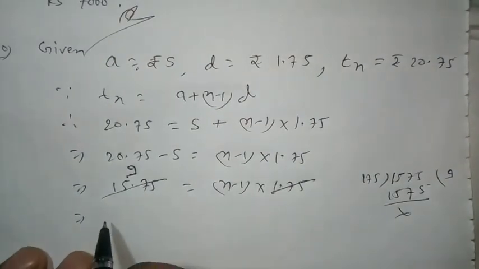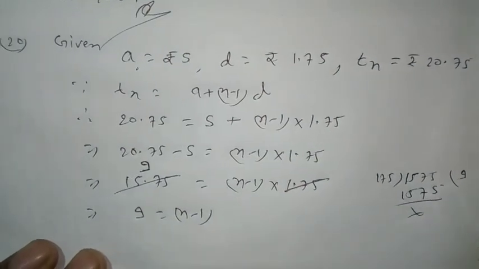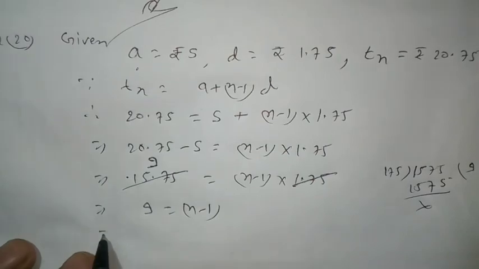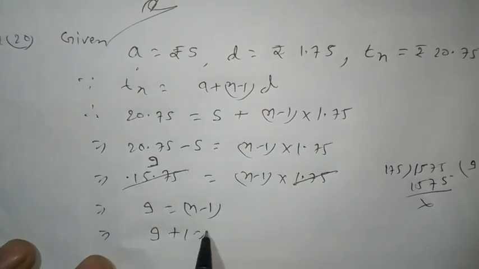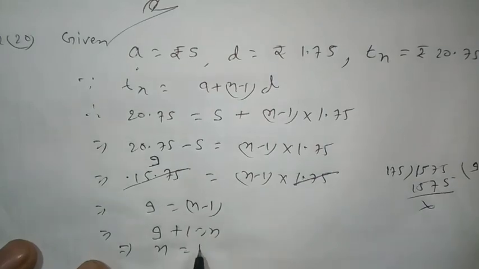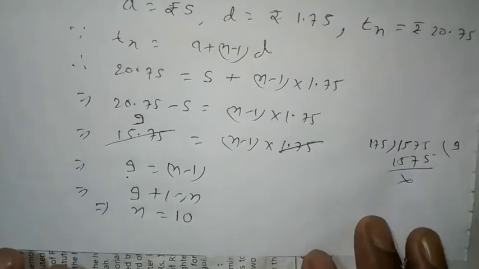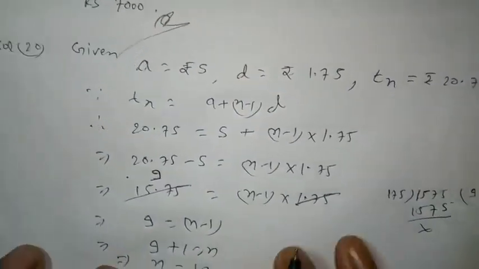This implies 9 is equal to n minus 1, so 9 plus 1 is equal to n. This implies n is equal to 10. Answer.